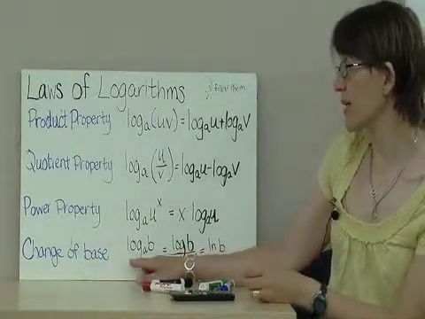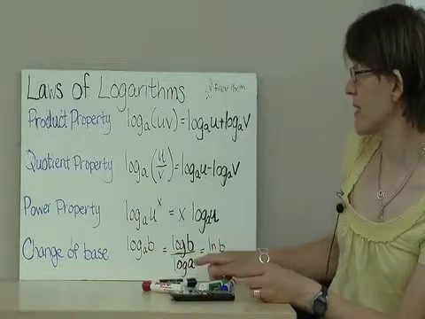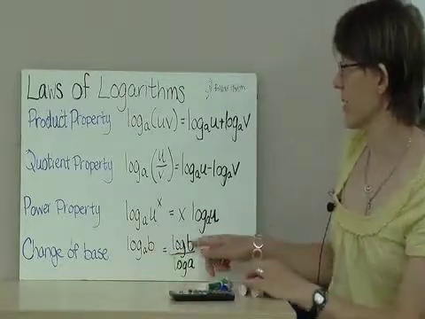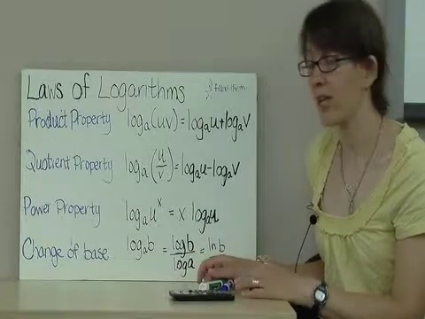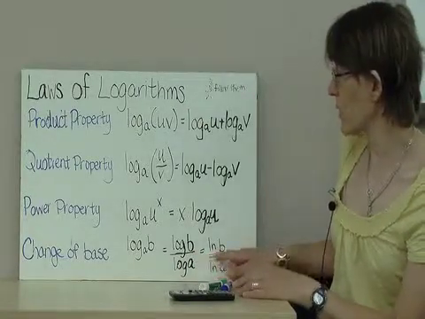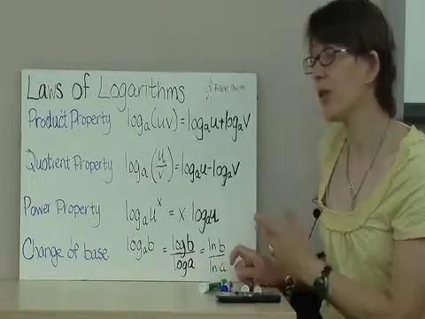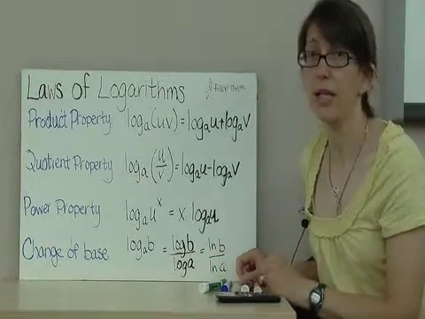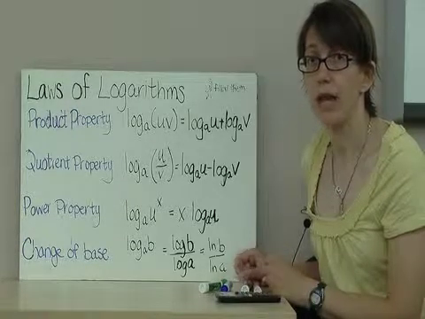We can rewrite the expression log to the base a of b as either log b divided by log a, here using common base 10 logarithms, or natural log of b divided by natural log of a. This allows you to use your calculator to do those computations that maybe before you didn't know how to check.